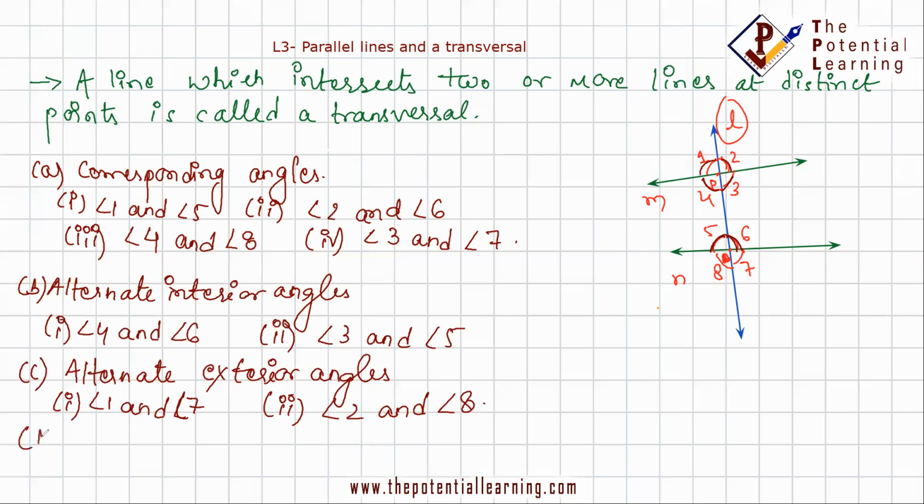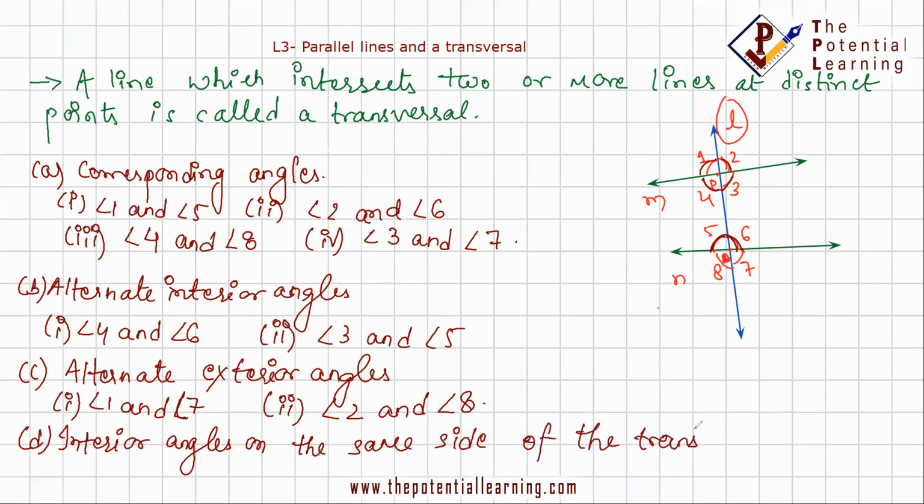Now the fourth one is interior angles on the same side of the transversal. So this L is the transversal, and they are saying that interior angles on the same side of the transversal.